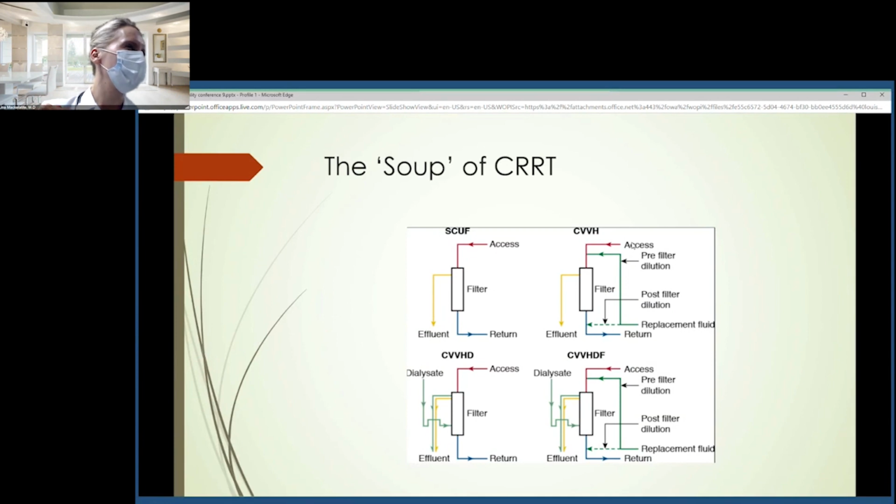And it can be 2 types. So what types of CVVH are there? Based on where you're giving fluid. So there's a pre-filter replacement or post-filter. So in the pre-filter CVVH, you're pushing that nice fluid into the patient, into the arterial line, so before it goes into the filter. So let's say you're giving 2 liters per hour of fluid into them.